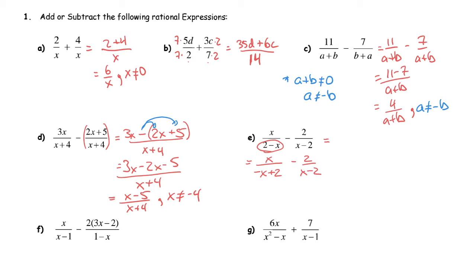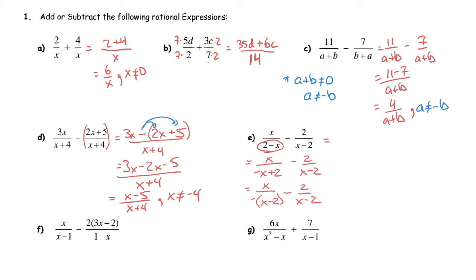Now, the denominators are still not the same because I've got negative x plus 2 in the first term, and I've got positive x minus 2 in the second term. So what I'm going to do here is I'm going to factor out that negative out of the denominator in that first term. That's going to leave me with this expression right here, x over negative x minus 2 minus 2 over x minus 2.